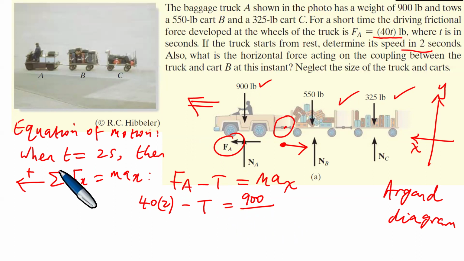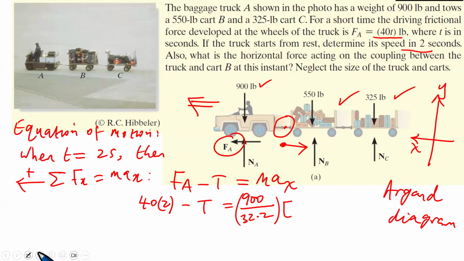So the mass is 900 divided by 32.2, and we multiply this by the acceleration in the x direction. What is the acceleration in the x direction?